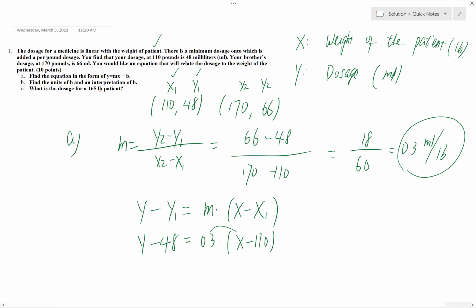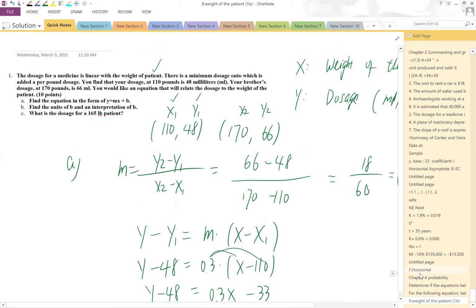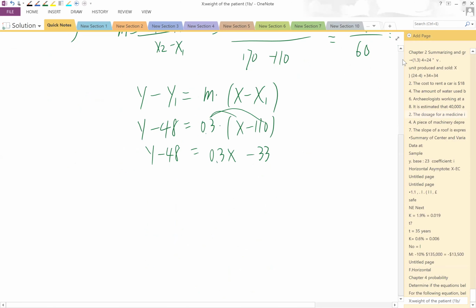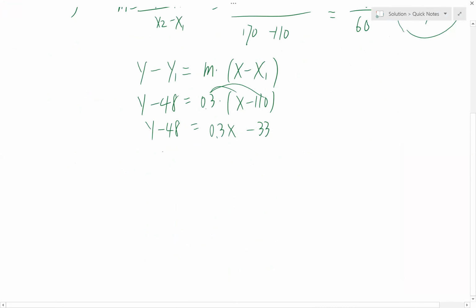Now we distribute it on the right-hand side. y minus 48 equal to 0.3x minus 33. Now from there, we just isolate the y value. Get y by itself by adding 48 to both sides of the equation.